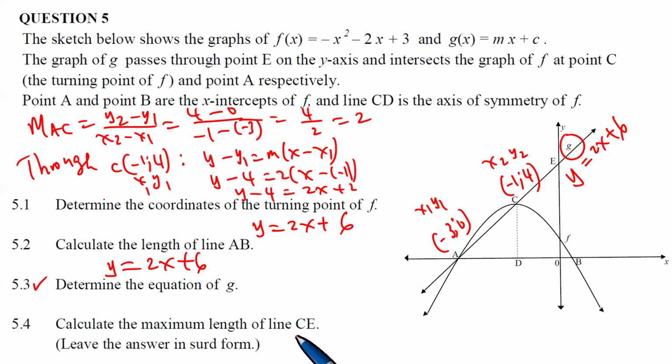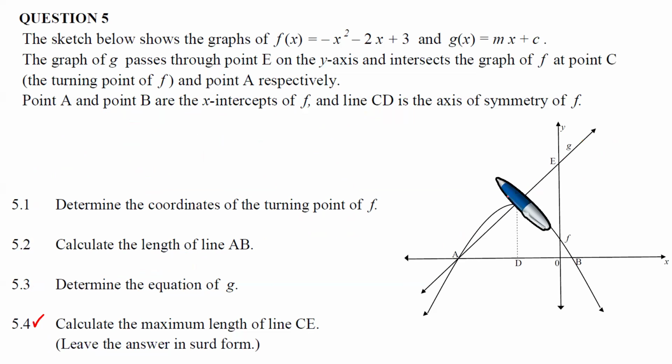If you want to find the maximum length of line CE, here is C and here is E. At this point, C has the coordinates -1 and 4. This line is exactly equal to 2x plus 6.